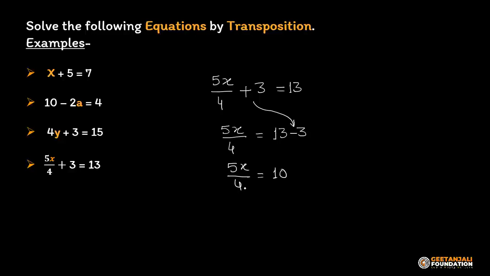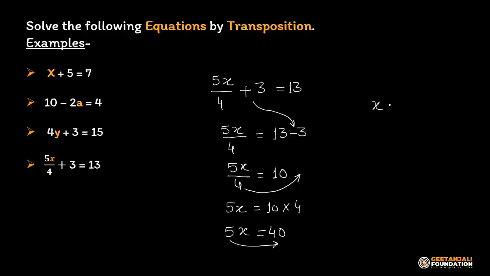Now this 4 I will take to the right side. As it's in division, it will go with the multiplication sign. So 5x is equals to 10 multiplied by 4. So 5x is equals to 40. Now this 5 is multiplied to x. I'll take this to the right side and it will go into division.